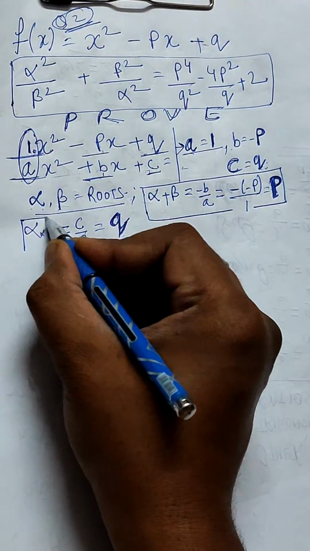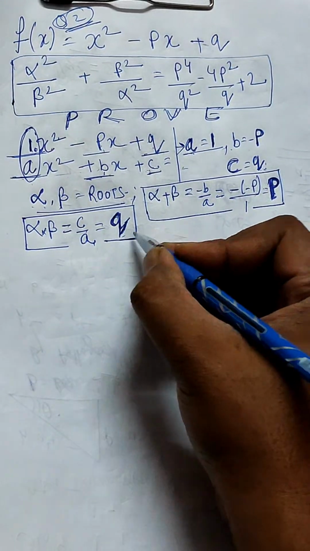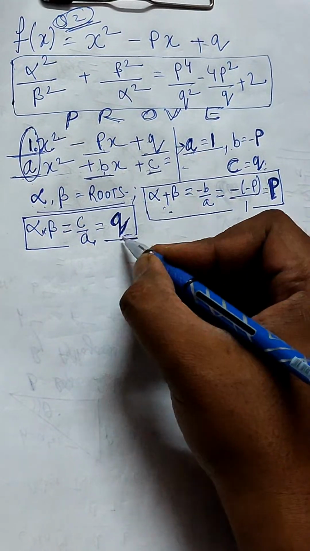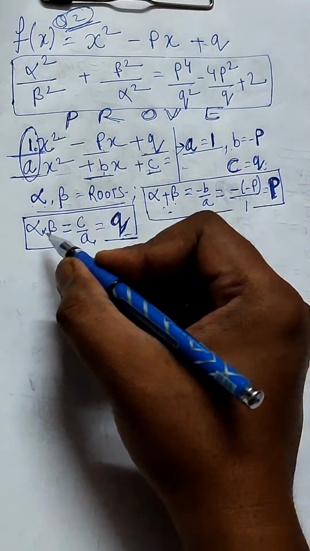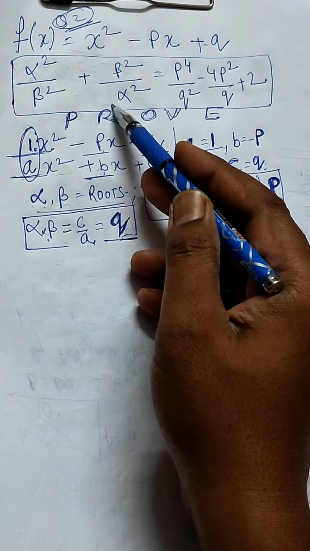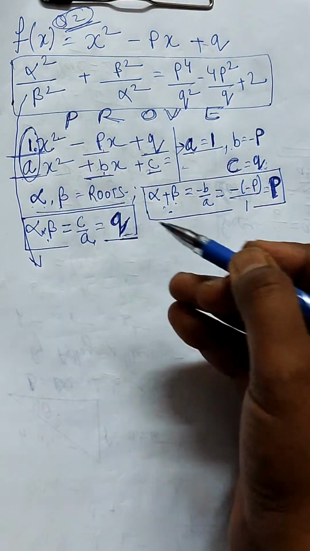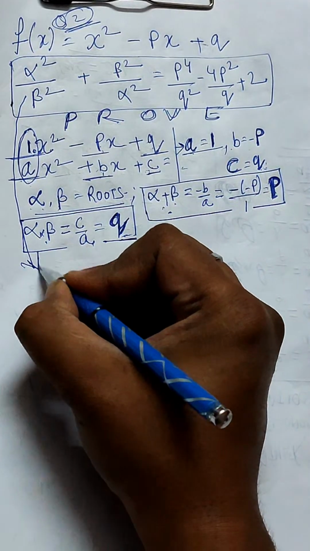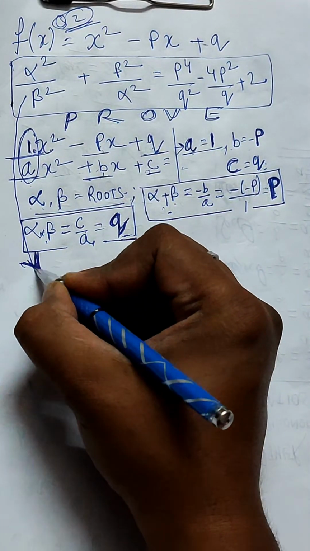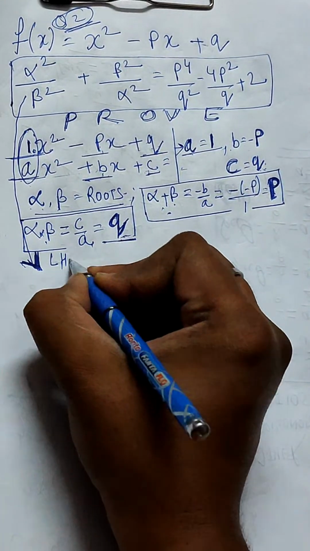So the product of the roots is also identified as q. These two values, the sum of the roots and the product of the roots, are with us. Now from here just take the LHS of the equation which needs to be proved.